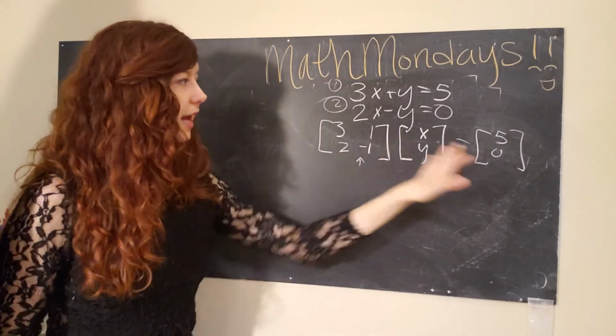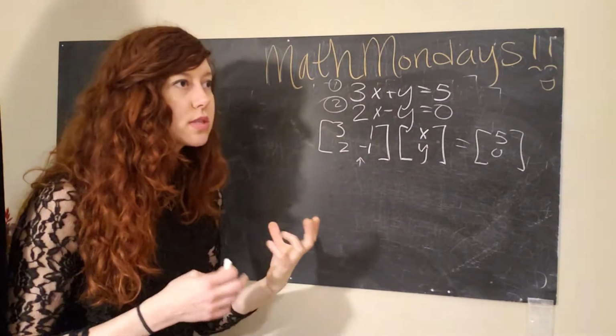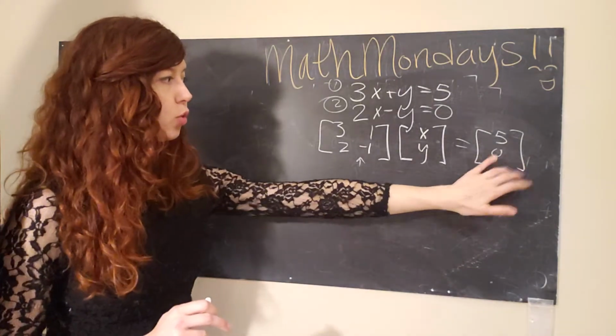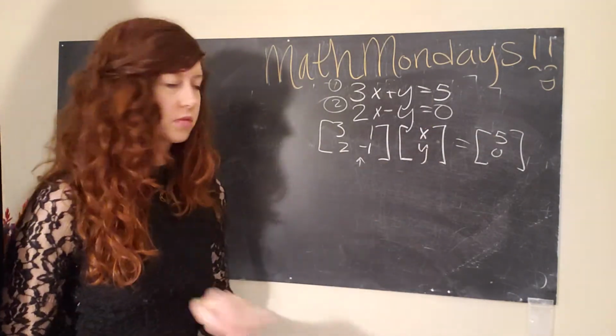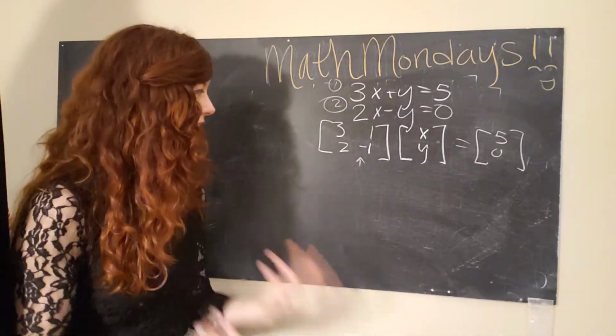So the inverse of a matrix, again, is like the reciprocal, and it allows us to move information over to one side of the equation so that we can get x and y by themselves. Let's just do the example because I think it helps a lot to see it.